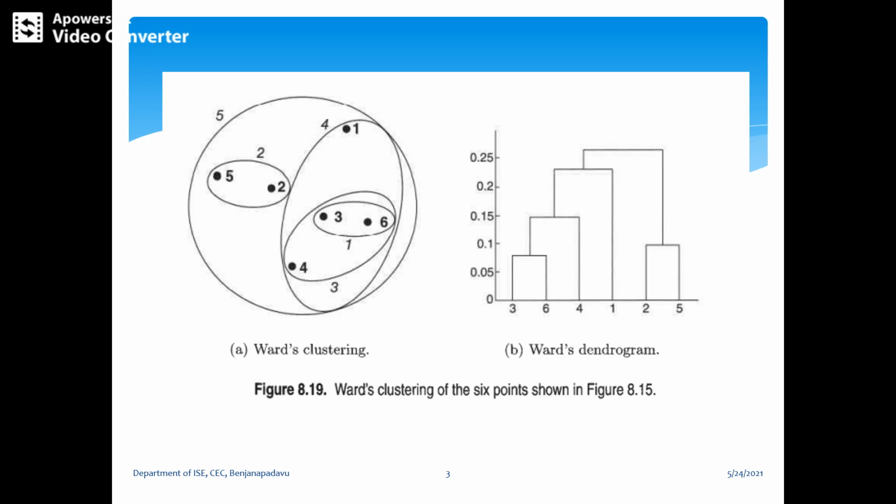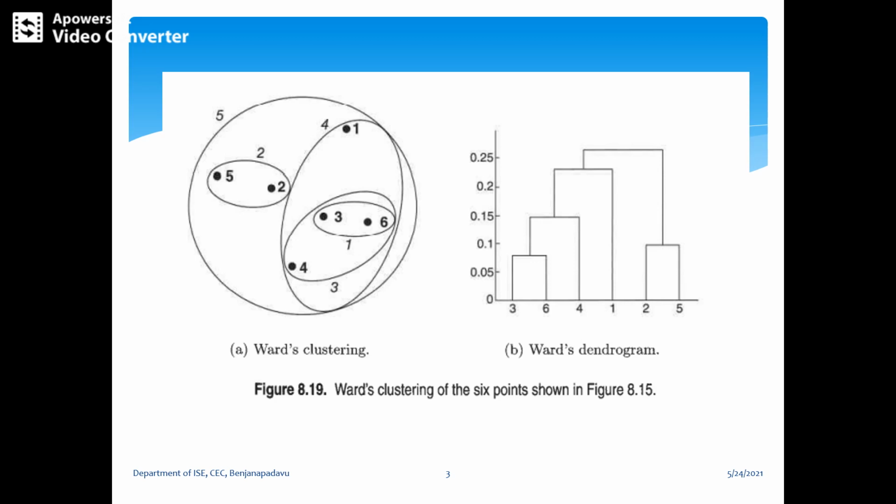After this, there are key issues in hierarchical clustering. One issue is the lack of a global objective function. Agglomerative hierarchical clustering cannot be viewed as globally optimizing an objective function.